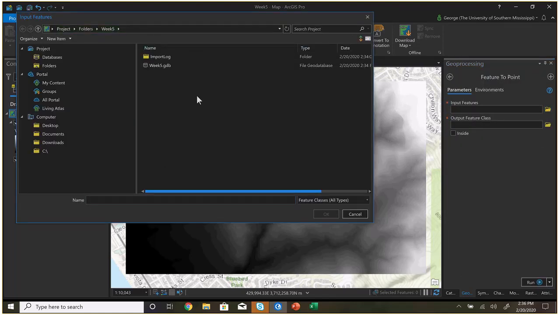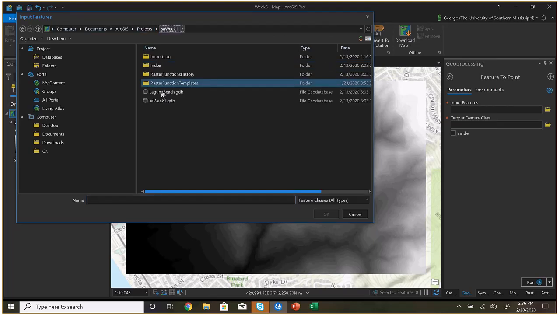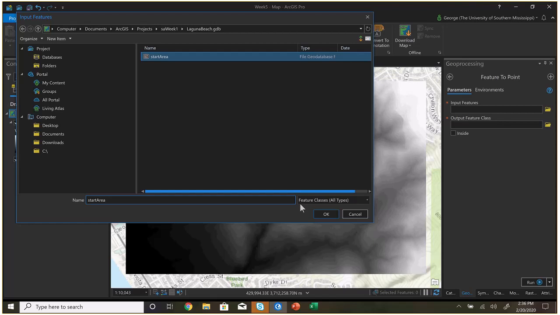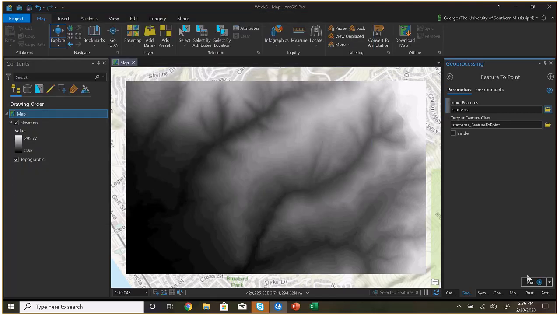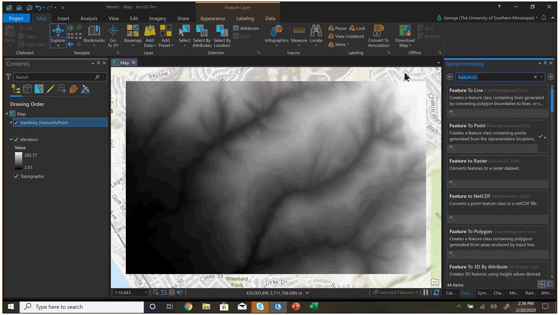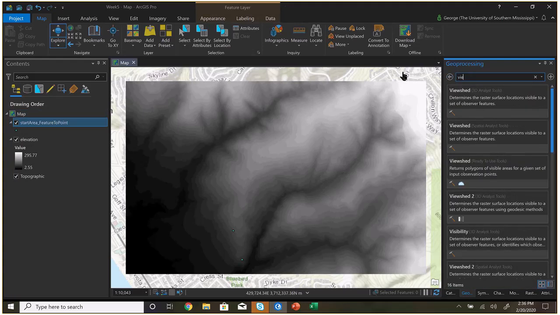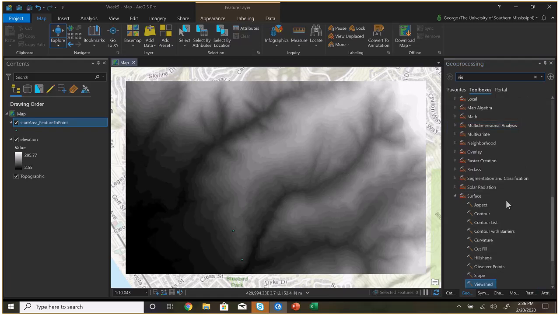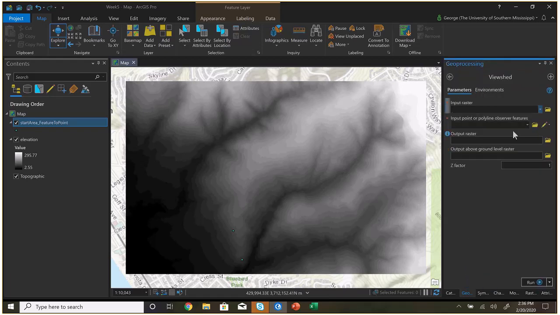So I'm gonna take my start area and turn it into a point, and then run viewshed.